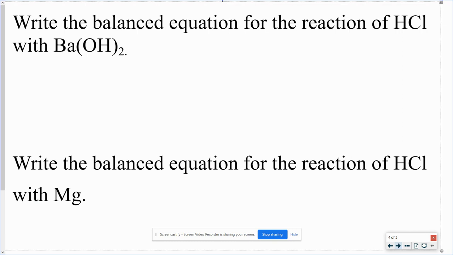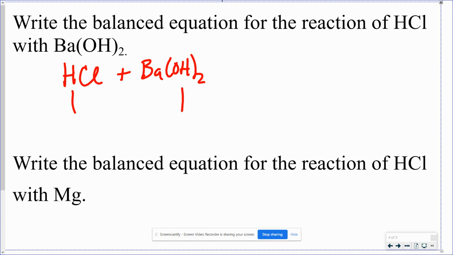So what would be the balanced equation for the reaction of HCl with Ba(OH)2? So HCl plus Ba(OH)2. So of the three, this has to be a neutralization reaction. So the H from the acid is going to get together with OH from the base to make water, which is HOH.